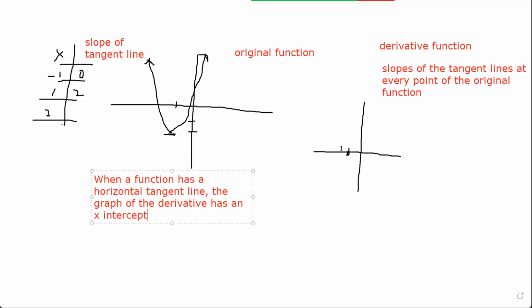We know we're going to have a graph that crosses the x-axis at this point, and we're going to estimate that at 1 the slope is 2 up there.